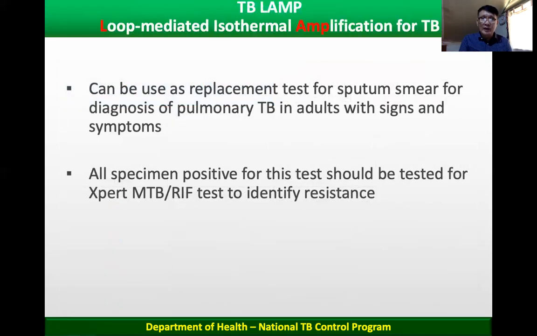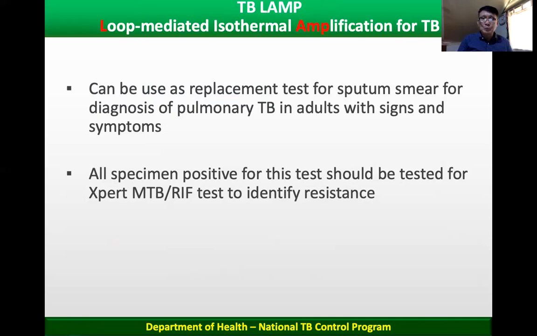So how about the LAMP? LAMP represents loop-mediated isothermal amplification for TB. This can be used as a replacement for sputum smear. If you don't want to do smearing anymore, then use the LAMP for diagnosis of pulmonary TB in adults with signs and symptoms.